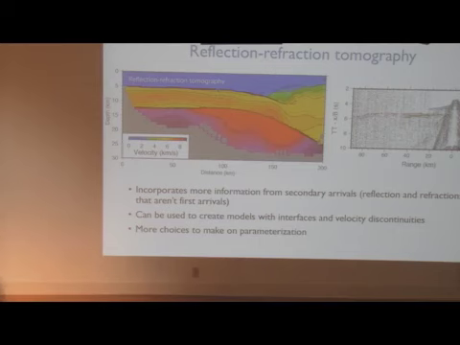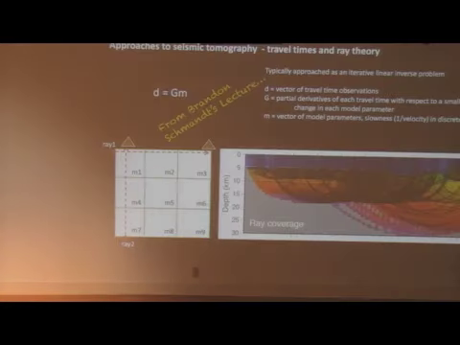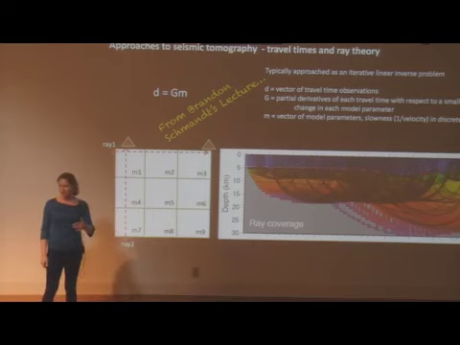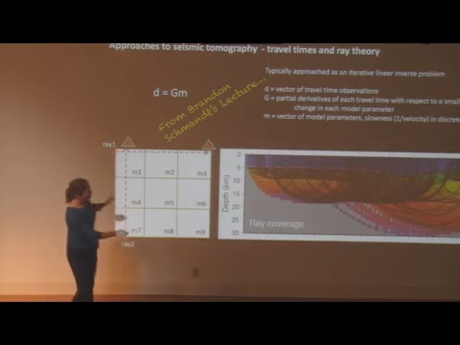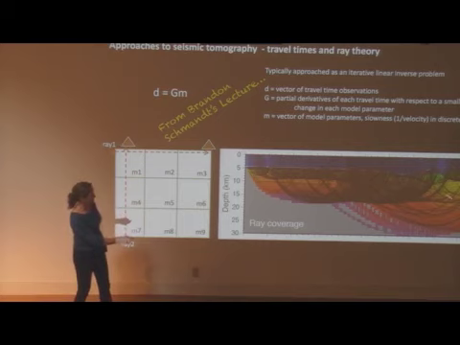So if I go back many figures to this figure, we can look in detail at where our ray coverage is within our model. And so hopefully what you can see in this, the same model, is you've got a lot of turning waves here in the upper part of the crust, and this isn't exactly the right one, but it would look this way.